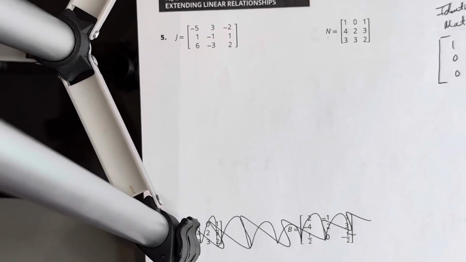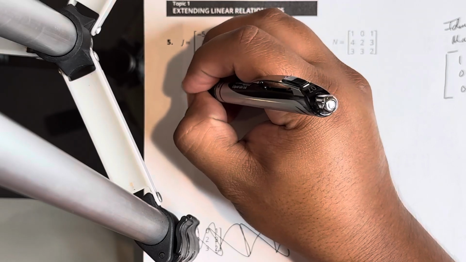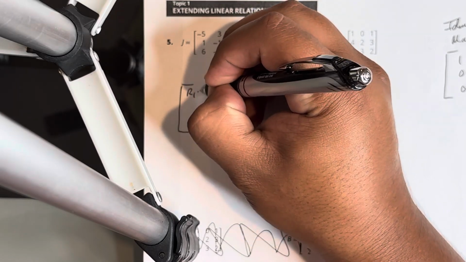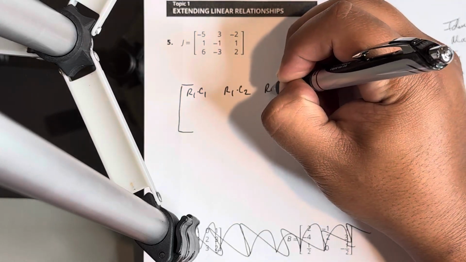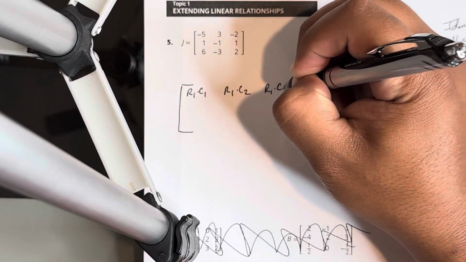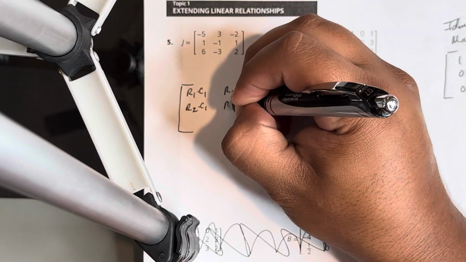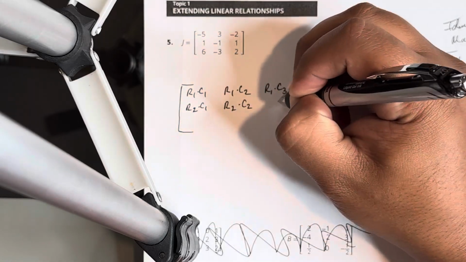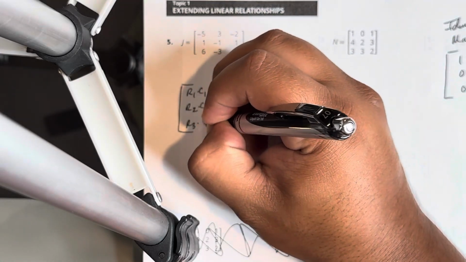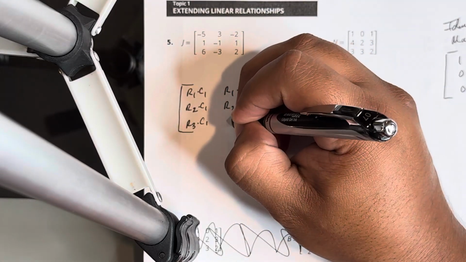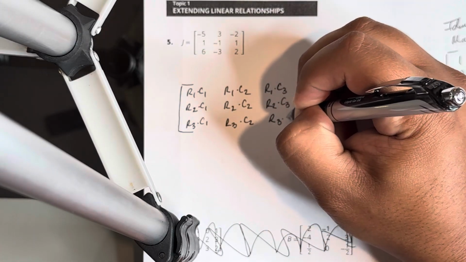Going over real quick the positions just to make sure we're doing okay. Row 1 times column 1, row 1 times column 2, row 1 times column 3, row 2 times column 1, row 2 times column 2, row 2 times column 3, row 3 times column 1, row 3 times column 2, row 3 times column 3.